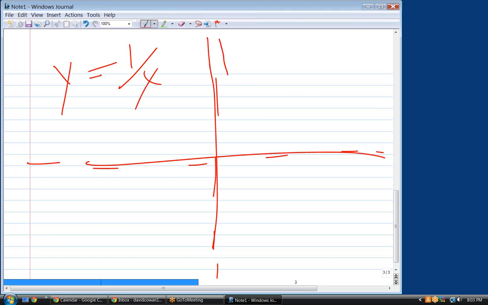It's hyperbolic, meaning it looks like this. In other words, both of these curves approach their asymptotes but never hit them. Y is never 0 and x is never 0.